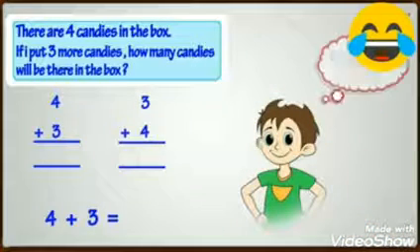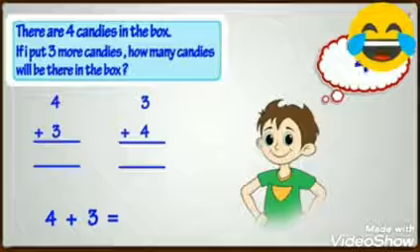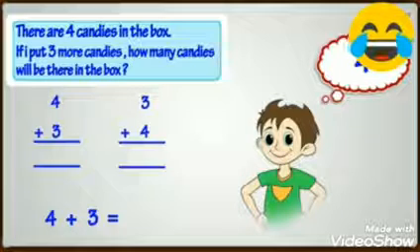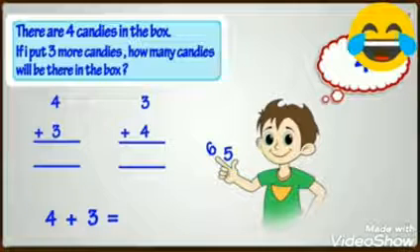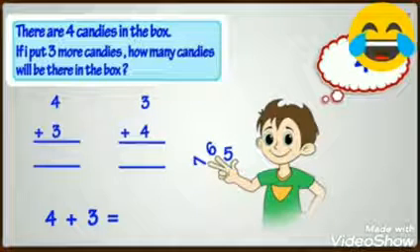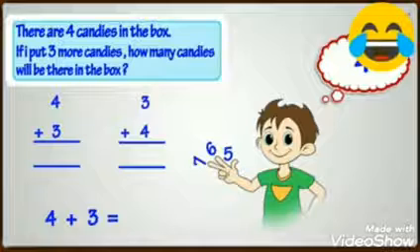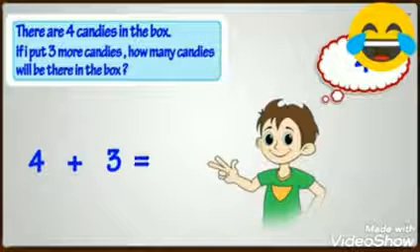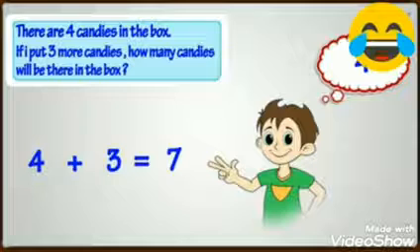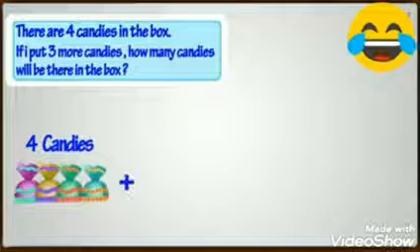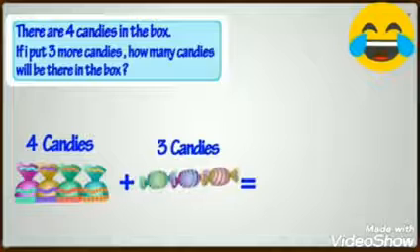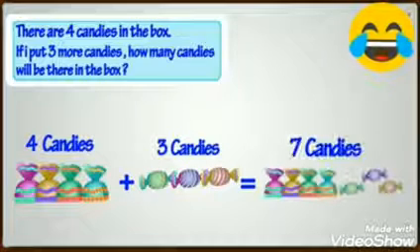Think the bigger number, that is 4, and count up 3. 5, 6, 7. Yeah! 4 plus 3 equals 7. 4 candies plus 3 candies will be 7 candies.